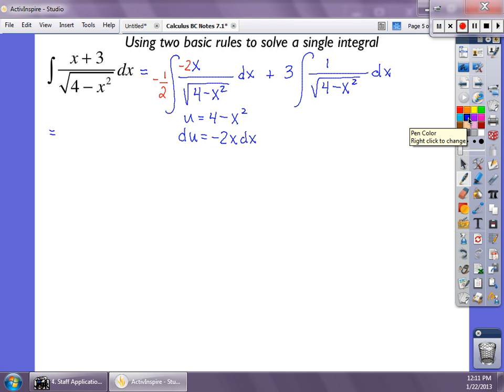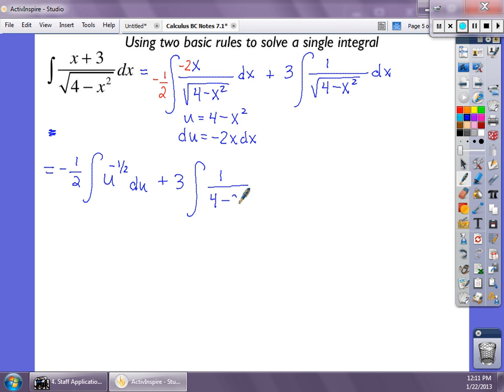And so this is going to be rewritten as the negative 1/2, the integral of, this is my du right here, negative 2x dx is my du. And then I'm going to go ahead and bring the square root of u into the numerator as u to the negative 1/2. And then we still have our plus 3 integral 1 over the square root of 4 minus x squared dx.